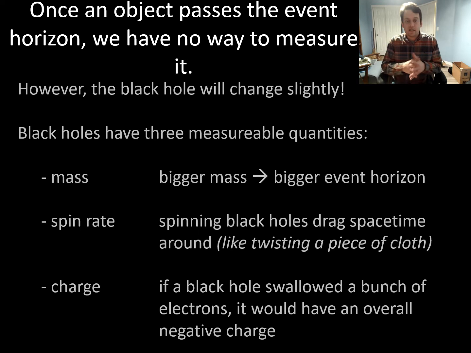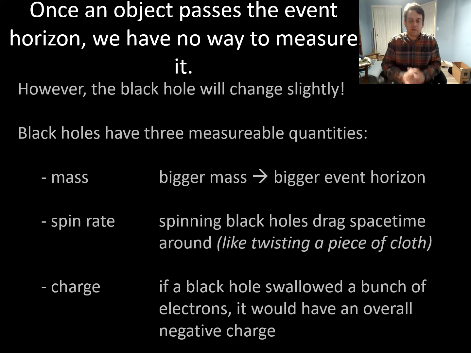Okay. A second quantity that we can measure about a black hole is the spin rate, or the rate of rotation. So we've talked periodically throughout the set of lectures about the fact that astronomical objects tend to rotate. Planets orbit stars, stars rotate, planets themselves rotate, and as things tend to collapse, the rotation rate tends to increase.